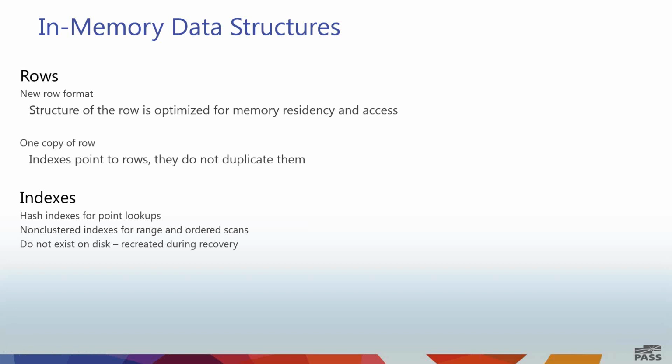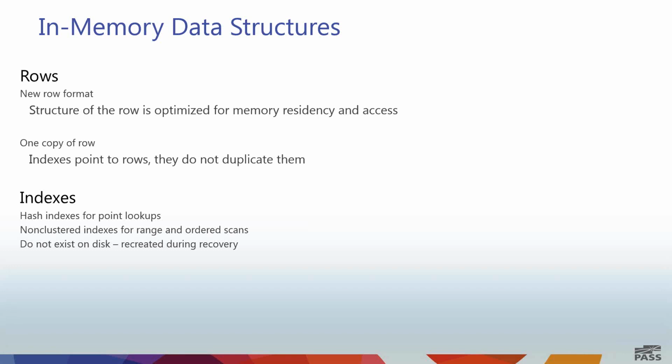This is one of the ways we optimize for in-memory. These indexes are in fact recreated during database recovery when you restart your server. And if you're thinking about an Always On availability group scenario, the indexes as well as the table rows are always in memory on the secondaries, so that you can use them immediately when you fail over.